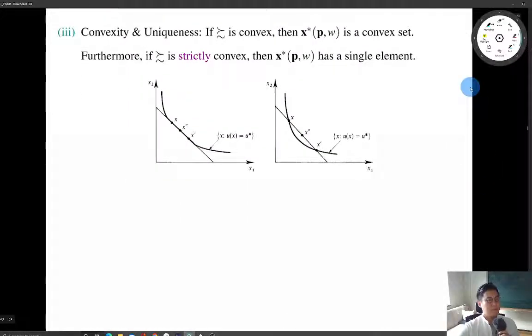All right, and then the third property is convexity and uniqueness. Under the assumption that the preference relation is convex, the Walrasian demand is a convex set. That means, suppose that we have this indifference curve and this is the budget line. So we have two optimal bundles, say x and x prime. Bundle x is optimal, so that is an element of the Walrasian demand, and so is x prime.